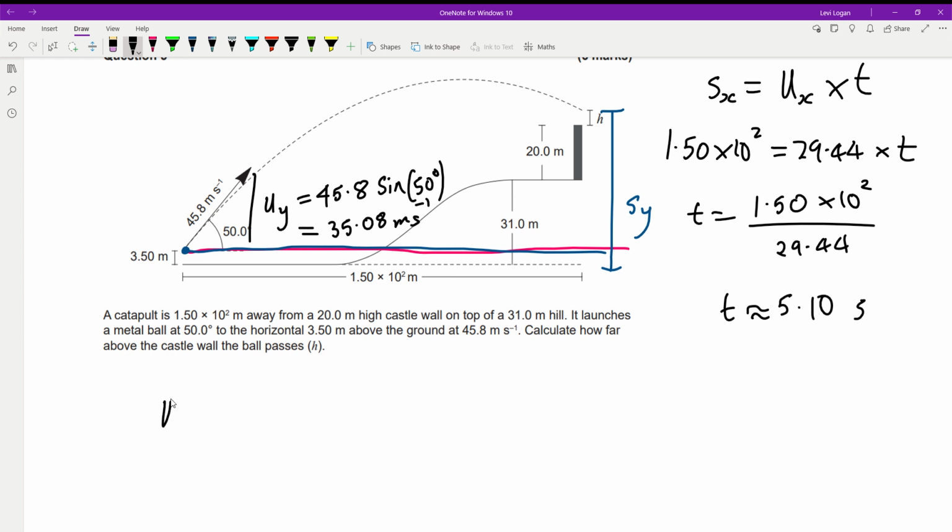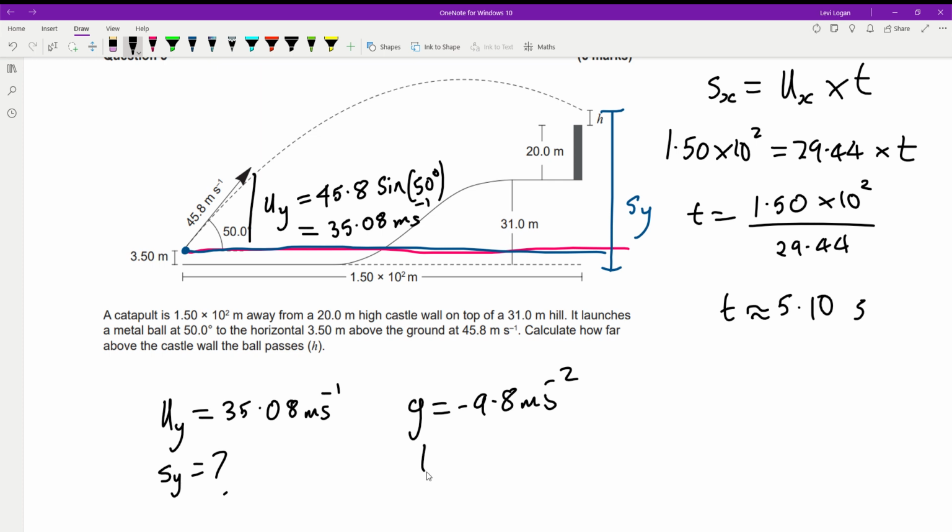So here we know u of y, your initial velocity, 35.08 meters per second. We're trying to find this s of y, so s of y is your unknown at the moment, okay? We also know acceleration due to gravity, which is negative 9.8 meters per second squared. And we also know the time of flight, which is about 5.1 seconds, okay?